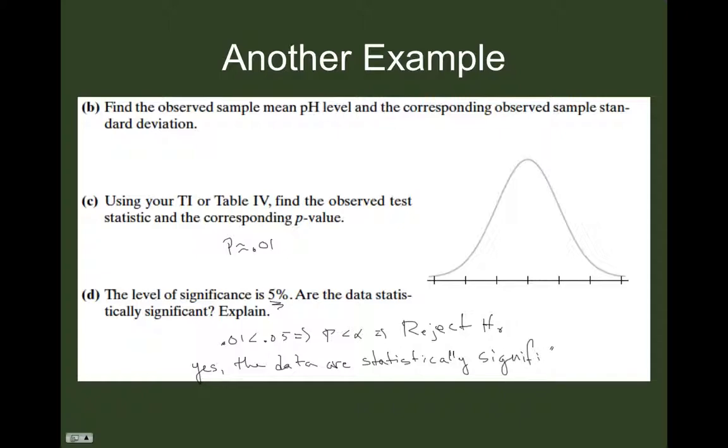And we're asked to give an explanation here. One way we could explain this is because the data were unusual enough given the assumption that the soil's average pH was neutral.